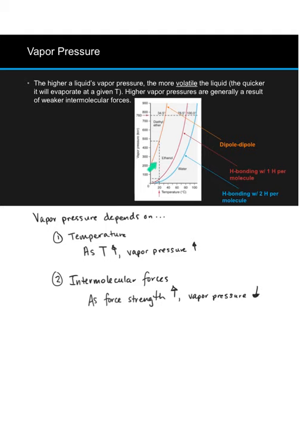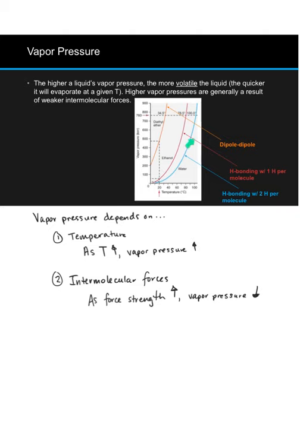Diethyl ether, plotted in orange in this graph up above, has its strongest force of intermolecular attraction as dipole-dipole. Ethanol, plotted in red, has its strongest intermolecular force of attraction as hydrogen bonding, where there's one hydrogen per ethanol molecule that can participate in hydrogen bonding. There's one hydrogen that's bound to an oxygen in ethanol.